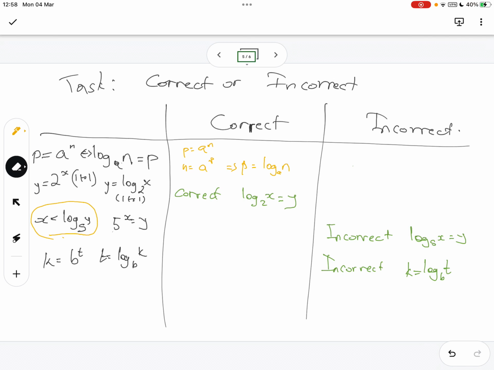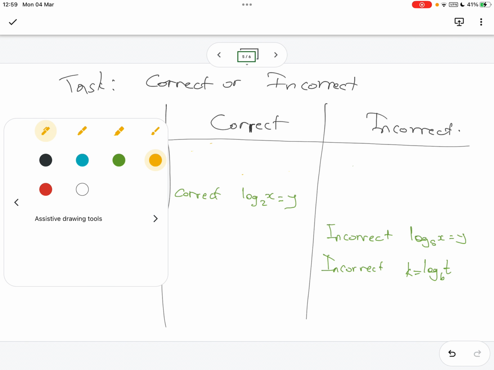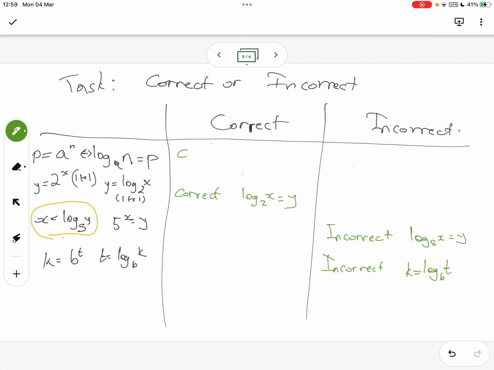But n cannot be the subject of the formula because it is an x value. So it cannot really be the subject of the formula because we're trying to make y the subject of the formula.